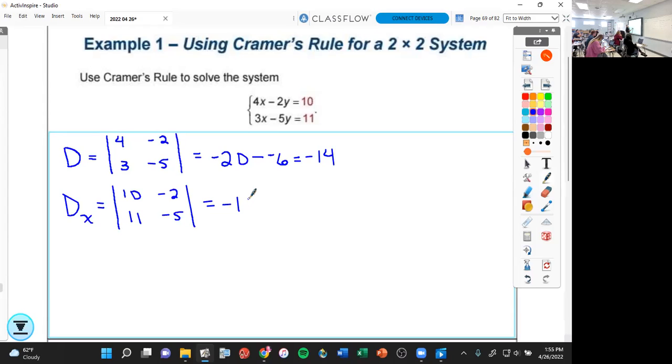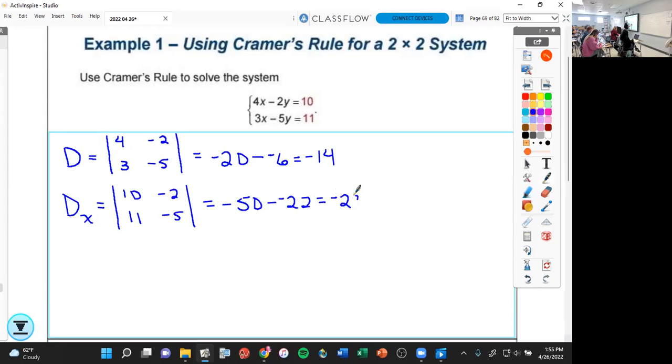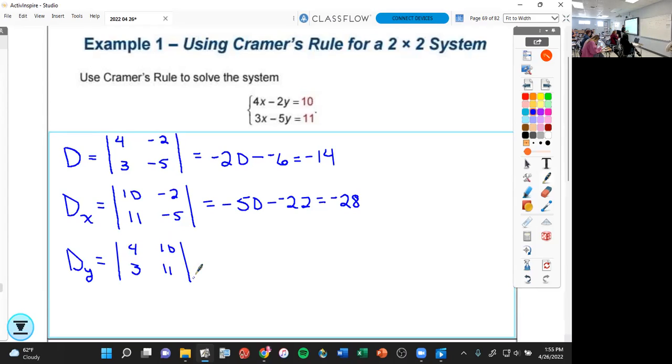Down diagonal, negative 50, minus negative 22. Negative 28. Okay, I need my y. First column, 4 and 3. Second column, 10, 11.